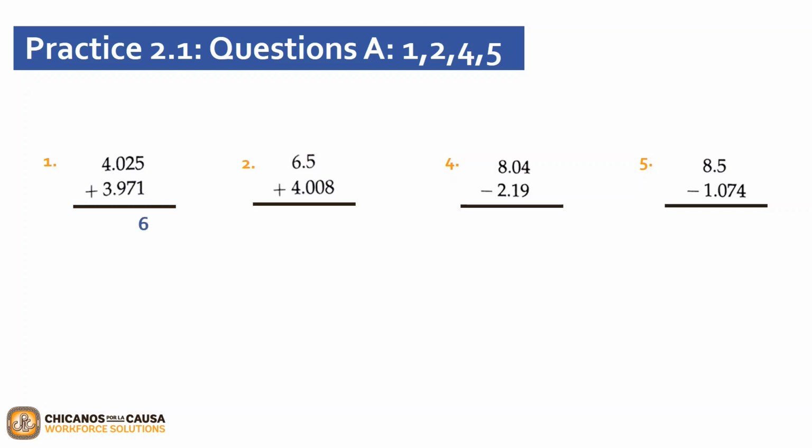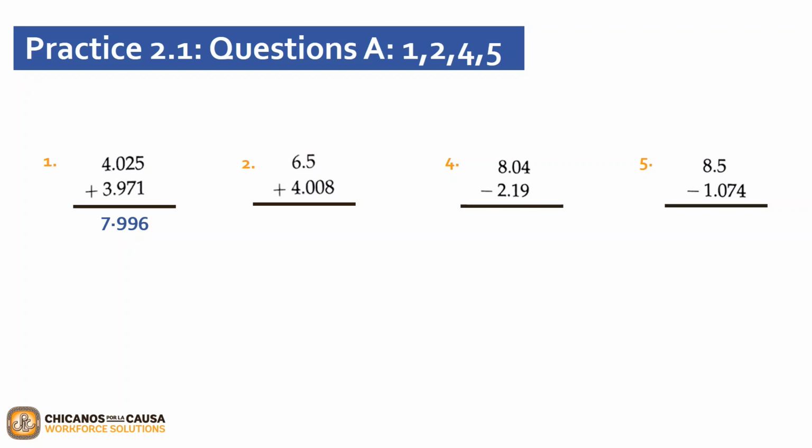That gives us, of course, 6. Moving on, 2 plus 7, 9. 0 plus 9, 9 again. And finally, 4 plus 3, which gives us 7. Therefore, our final answer is 7.996.